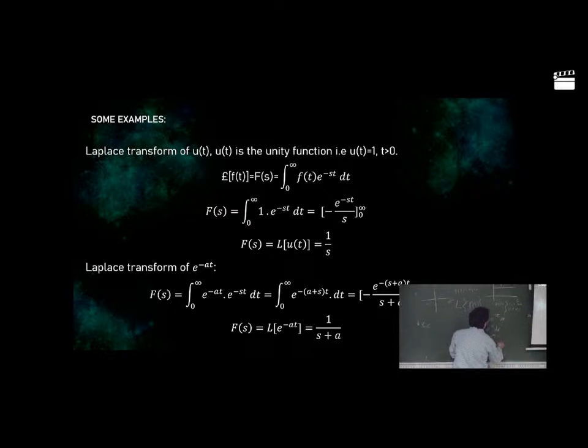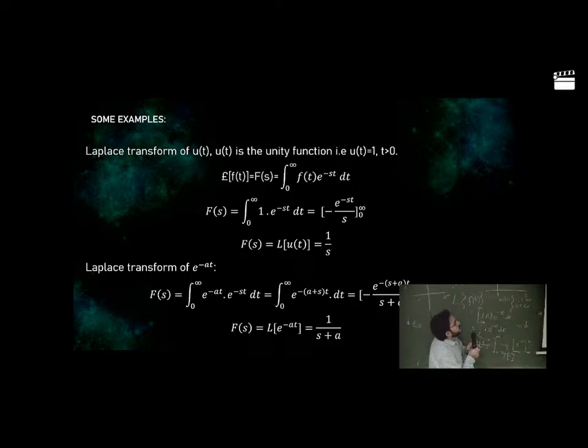So we get 1 by s: as I put the upper limit infinity, e to the power minus infinity is 0, and at the lower limit 0 it is 1. So the Laplace transform of the unit step function is 1 by s.